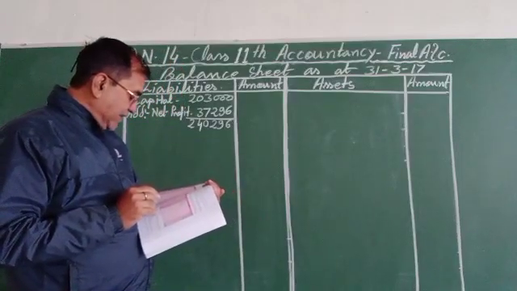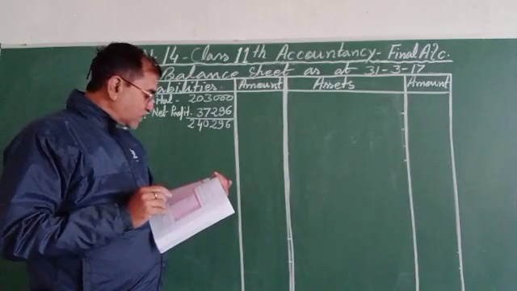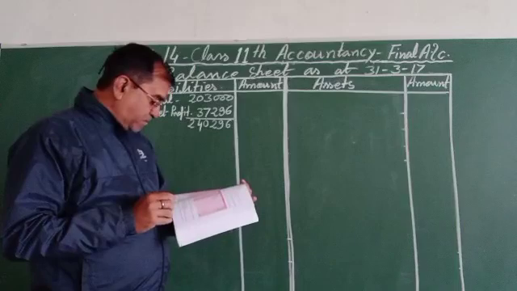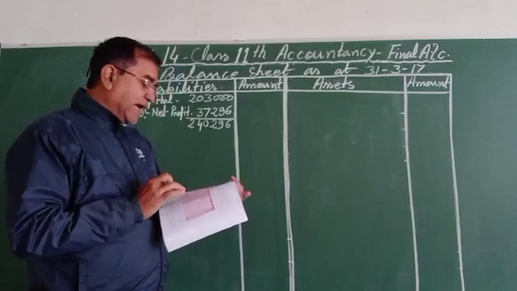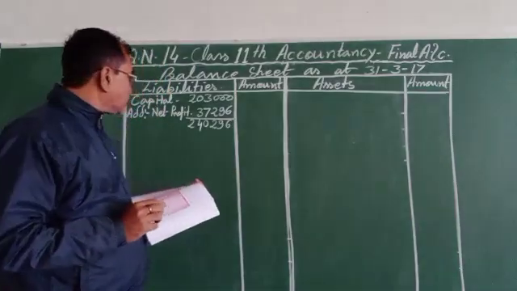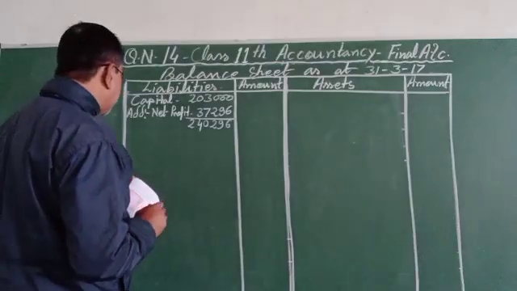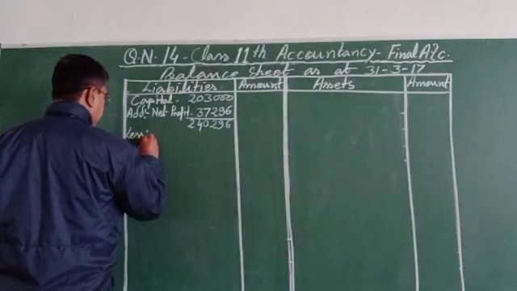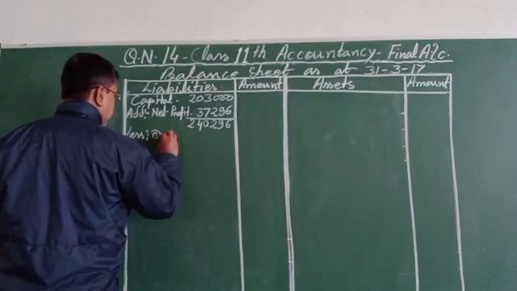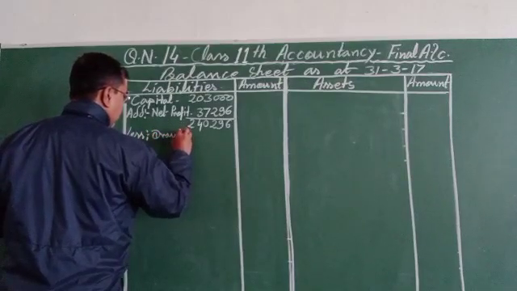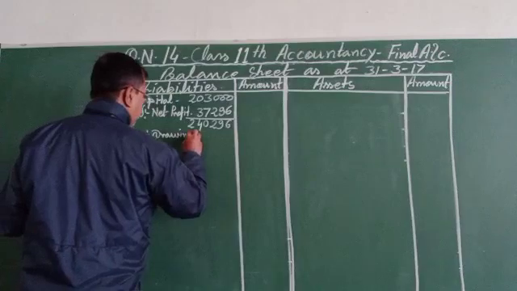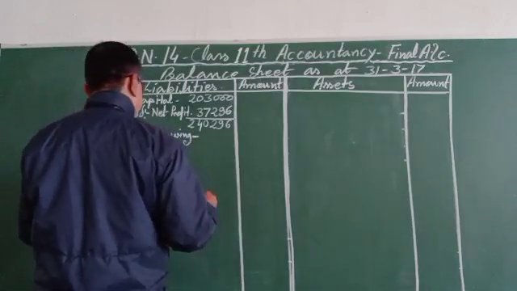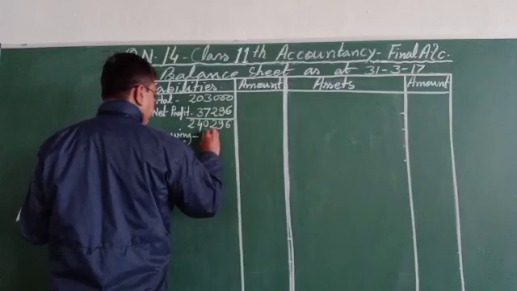Then in the column, drawings are given: drawings 15,000. No other information is given regarding drawings in the additional information, so less drawings, minus 15,000.